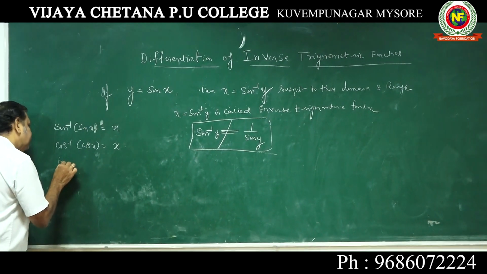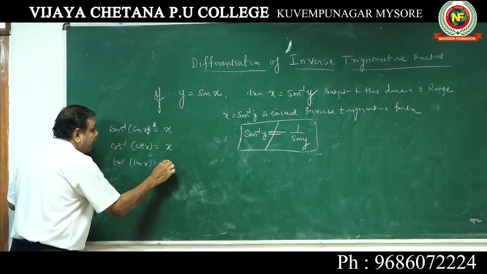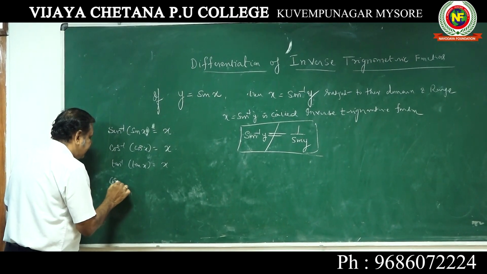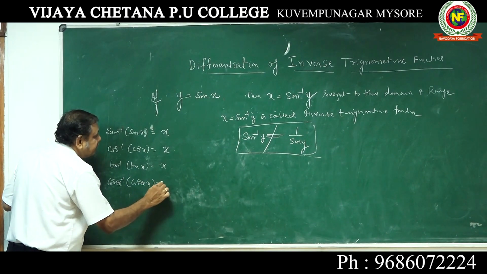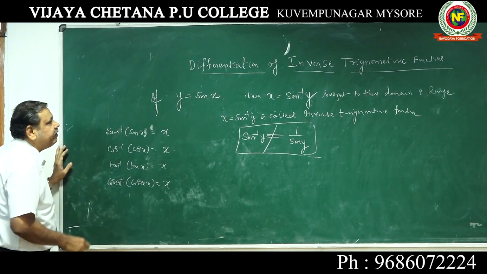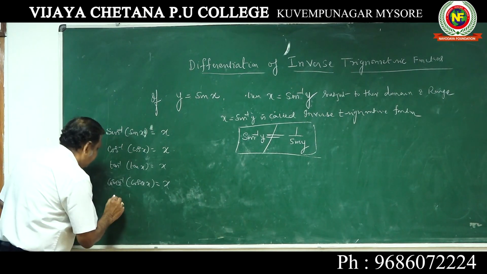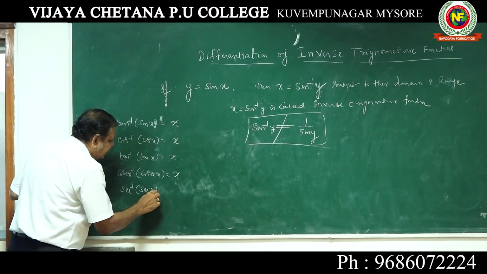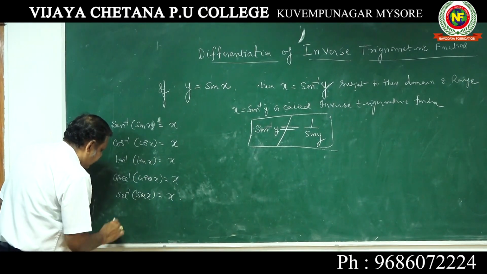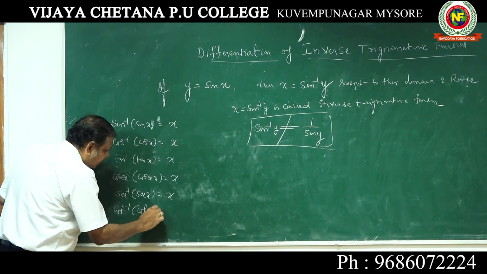Then tan inverse of tan x is x. Similarly, cosecant inverse of cosecant x is x. Please write down, very important thing we require for our differentiation. And secant inverse of secant x is also x. Then cot inverse of cot x.